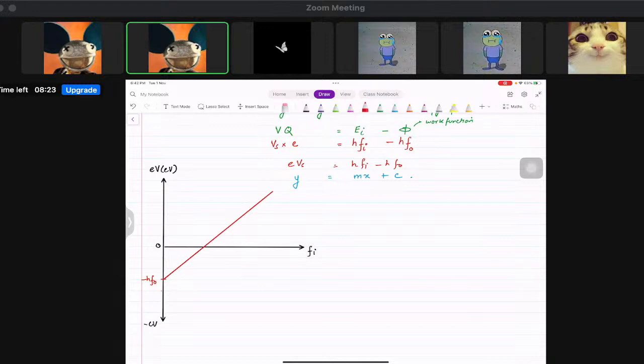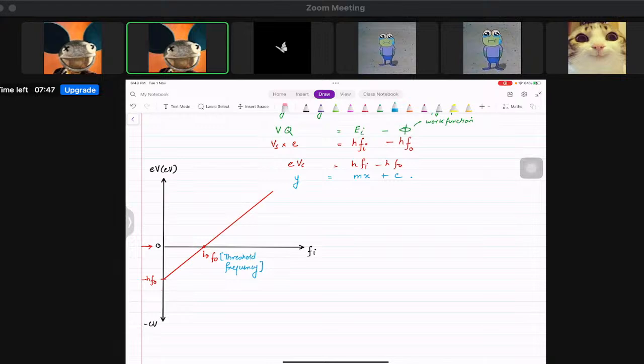And this point where you see this is where you do not have any kinetic energy. It means this is the minimum frequency that is needed for the metal to allow electrons to release, which means this point has to be the threshold frequency. So this is how from the graph we can find the threshold frequency.